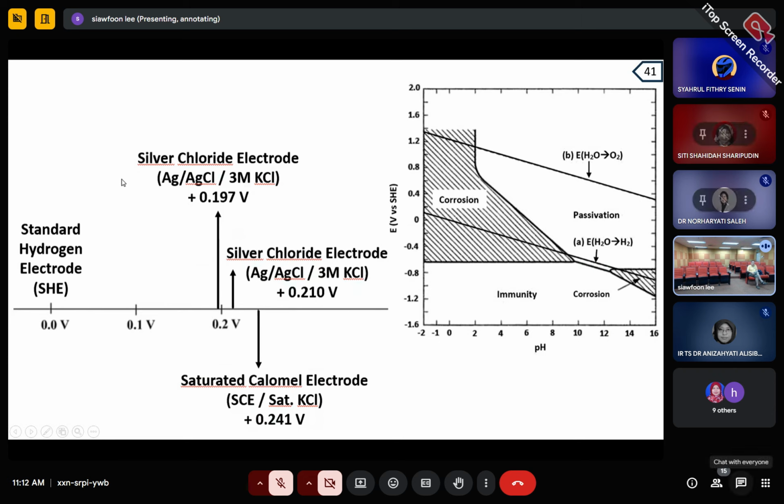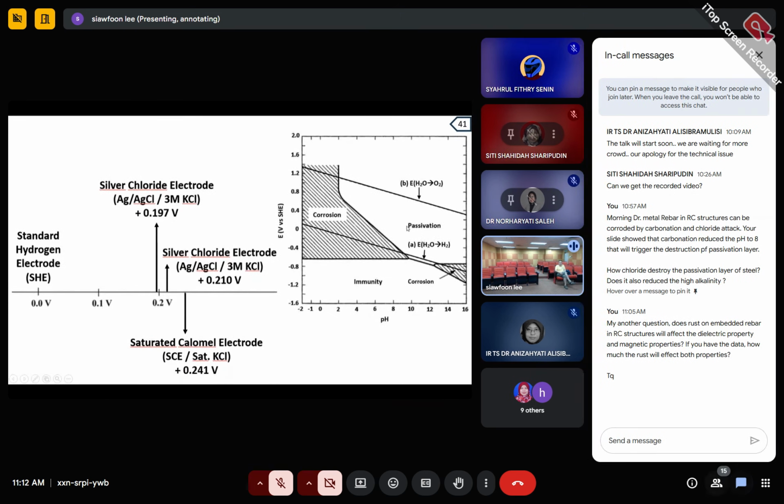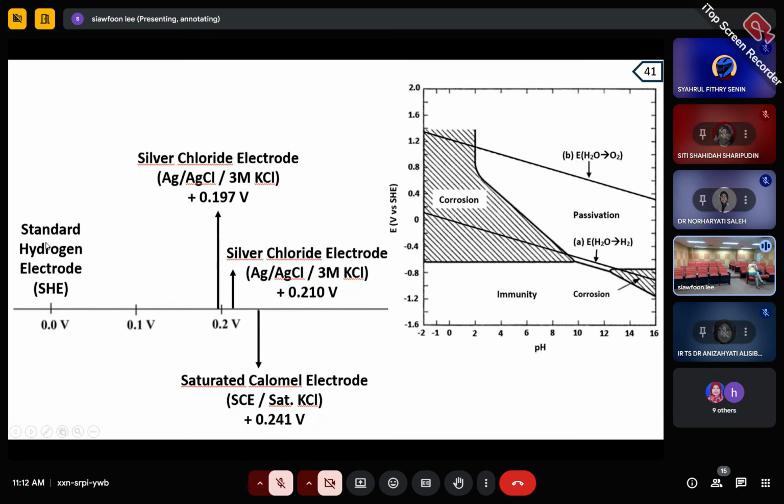However, when I use the silver chloride electrode, the value is actually 0.197, or I round it to 0.2 volts to show in my result. It's actually the passive result relative to the standard hydrogen electrode. Okay.